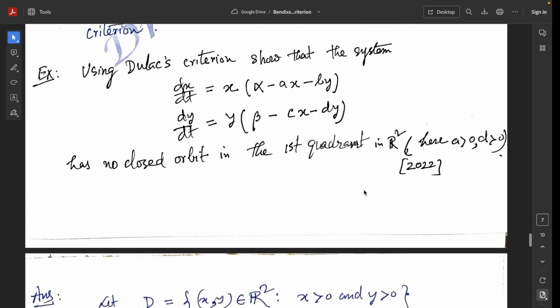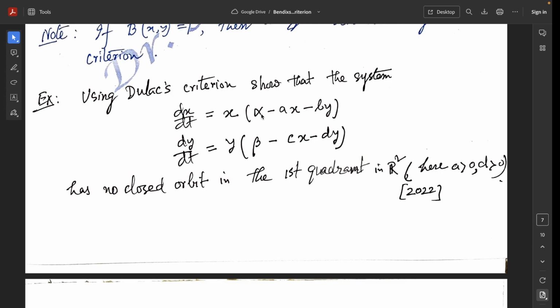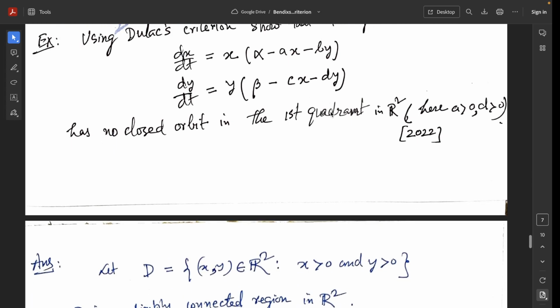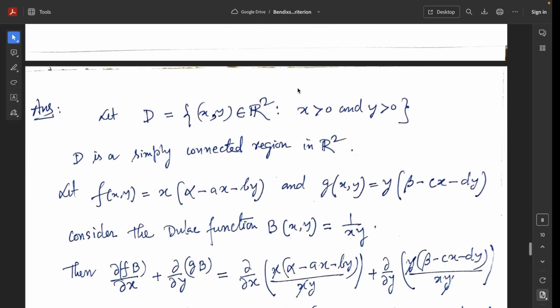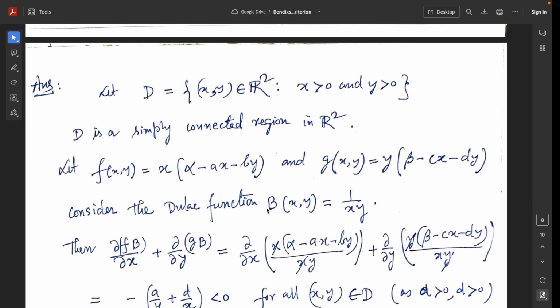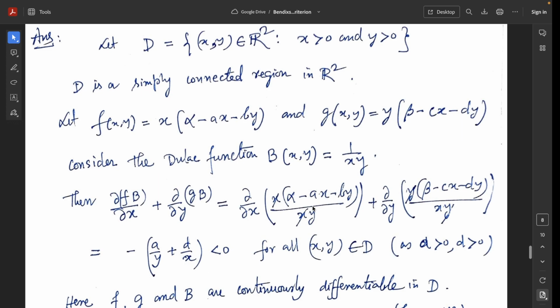Let f(x, y) equal x times (alpha minus ax minus by) and g(x, y) equal y times (beta minus cx minus dy). And consider the Dulac function B(x, y) equal to 1 by xy. It is very important to choose the Dulac function in such a way, B(x, y) equal to 1 by xy. Remember this. Then del x of fB plus del y of gB.